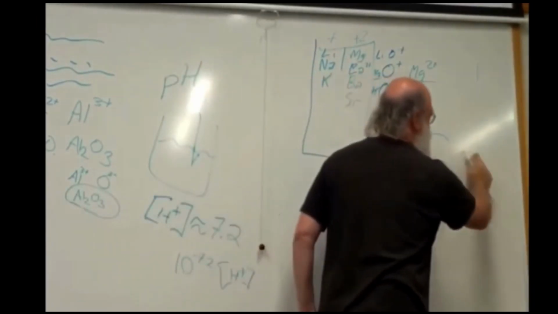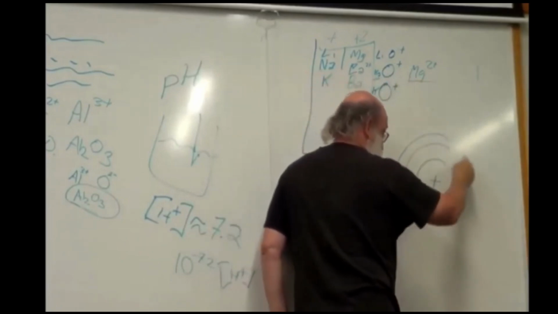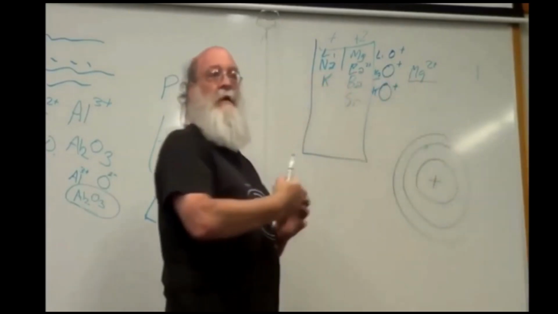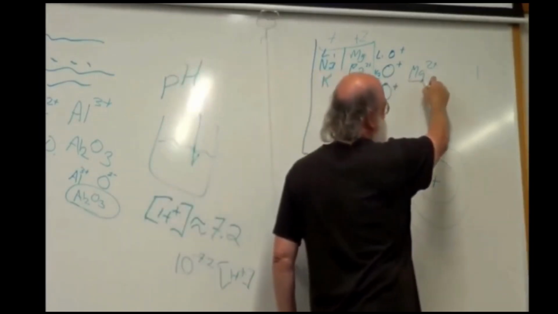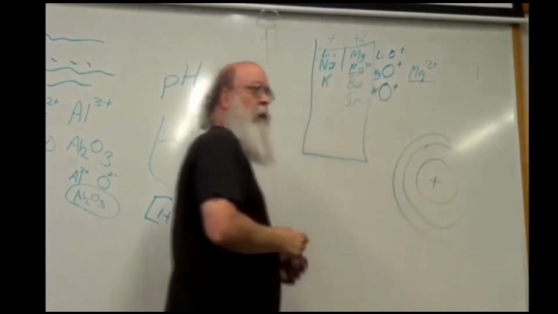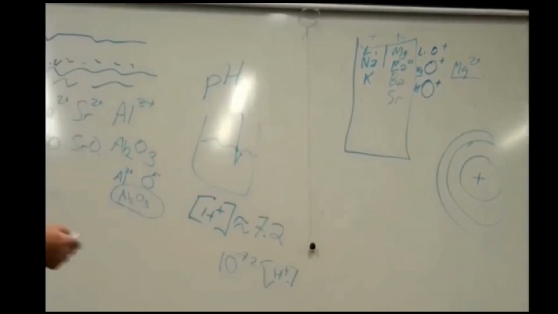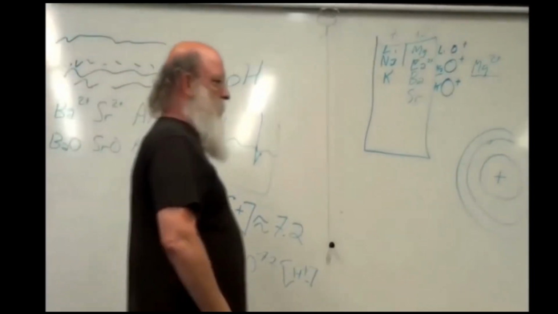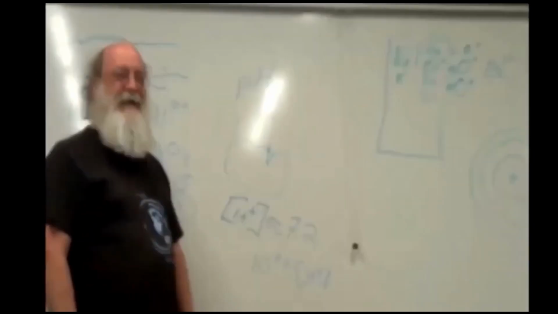To get these positive charges, you release electrons. If you've got 2+ charges, all the rest of the electrons are pulled tighter into that nucleus. So even though you think this is bigger, it's really smaller.